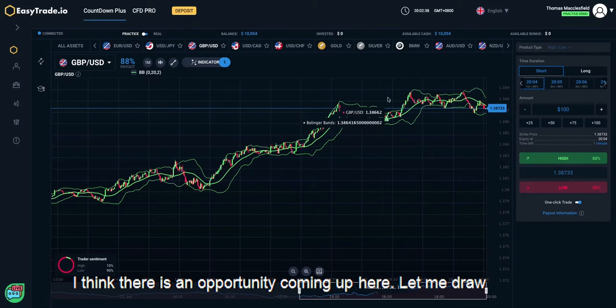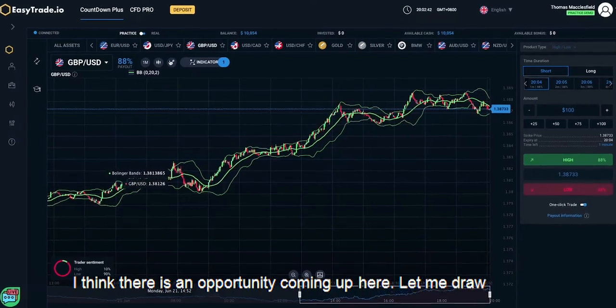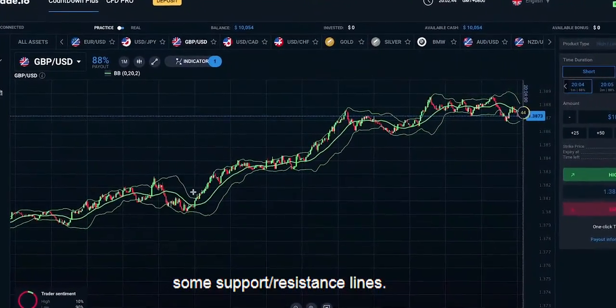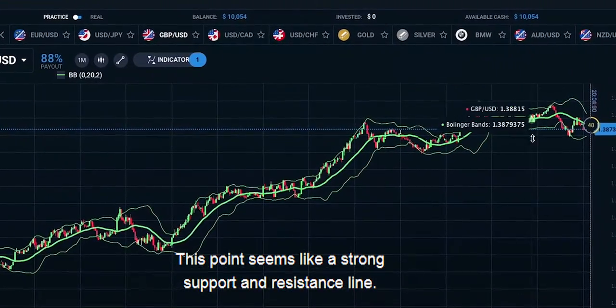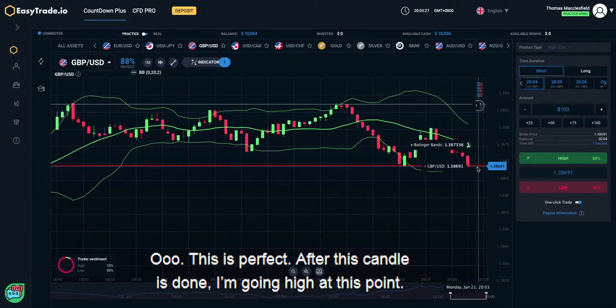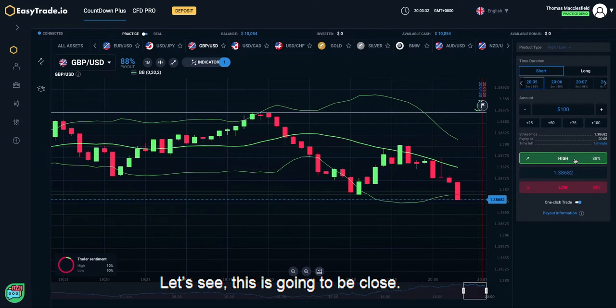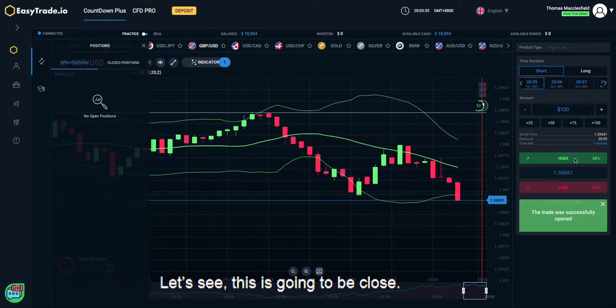I think there is an opportunity coming up here. Let me draw some support and resistance lines. This point seems like a strong support and resistance line. Ooh, this is perfect. I'm going high at this point. Let's see, this is going to be close.